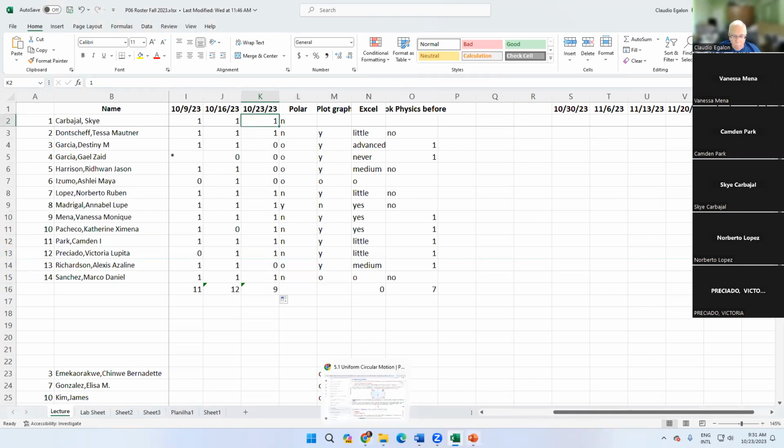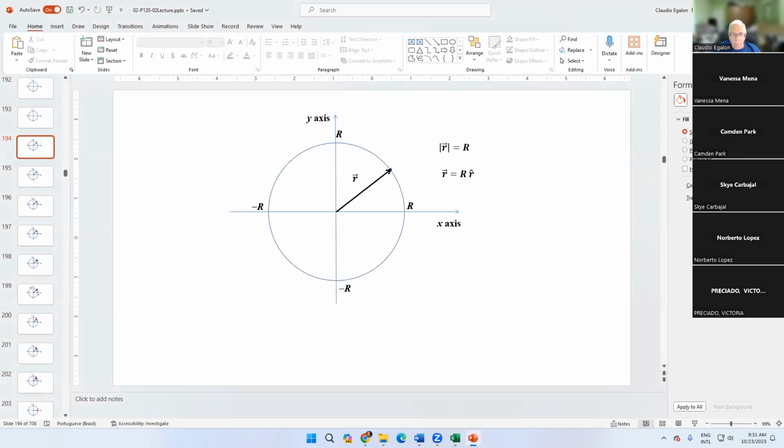The polar coordinate system is a very common coordinate system to use in circular motion. The first coordinate system that we study is the Cartesian coordinate system.